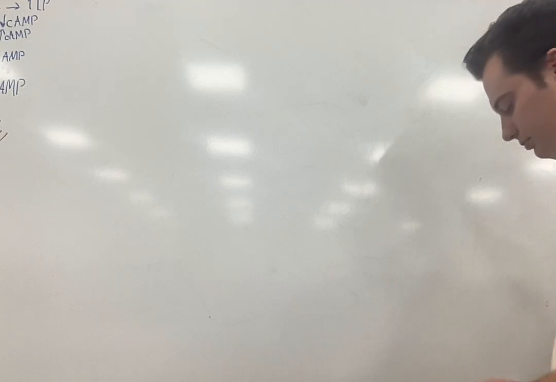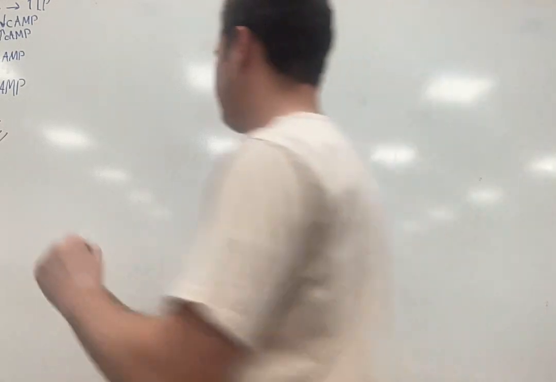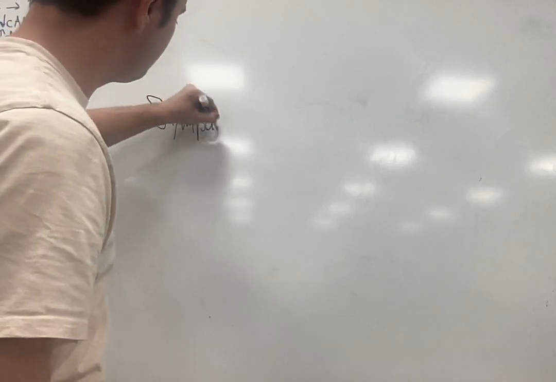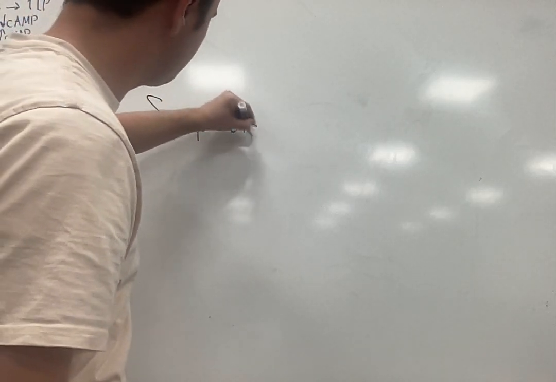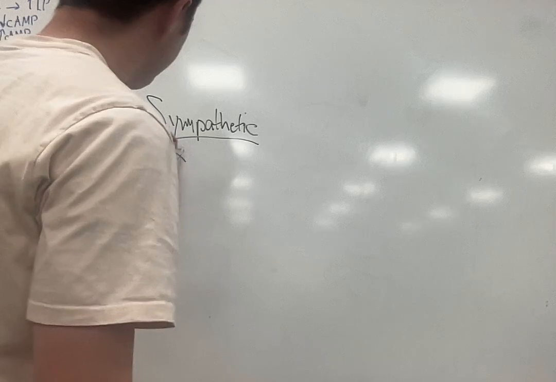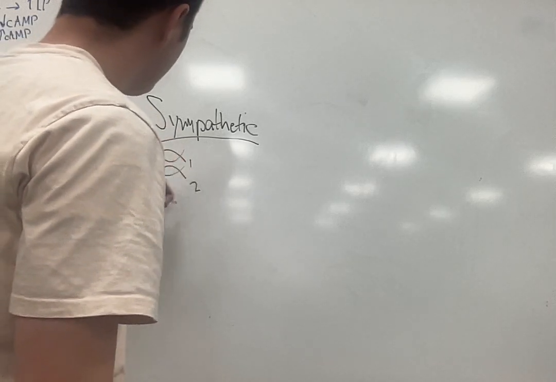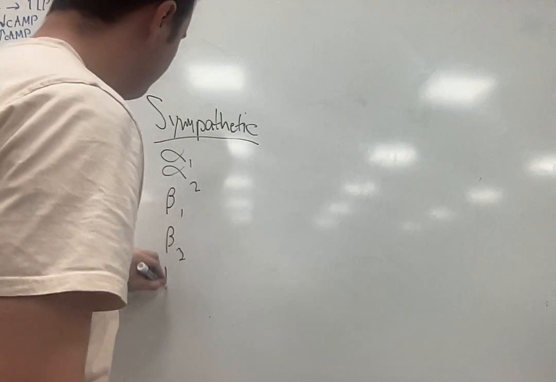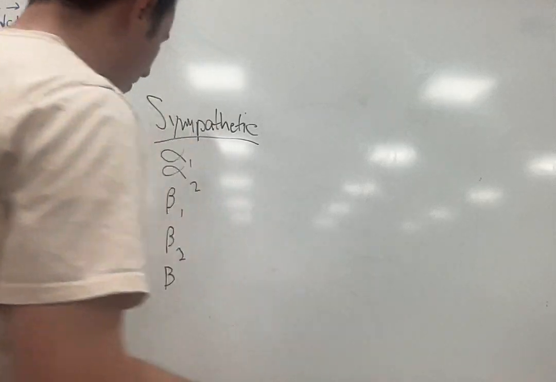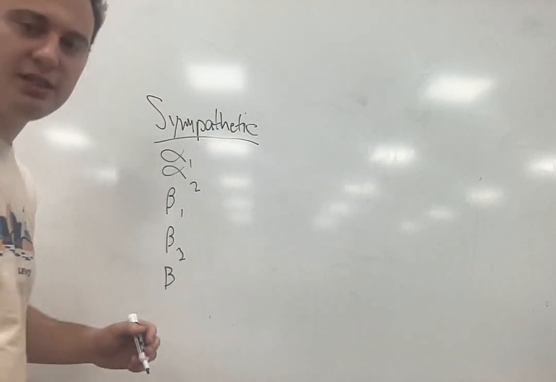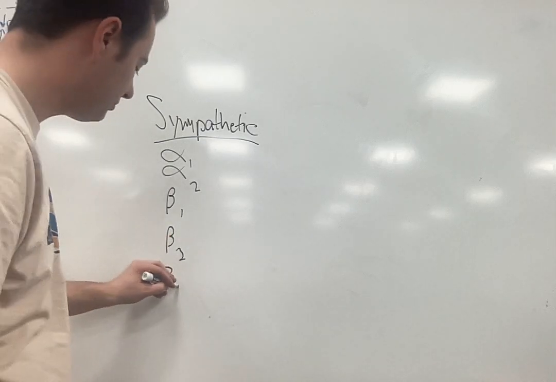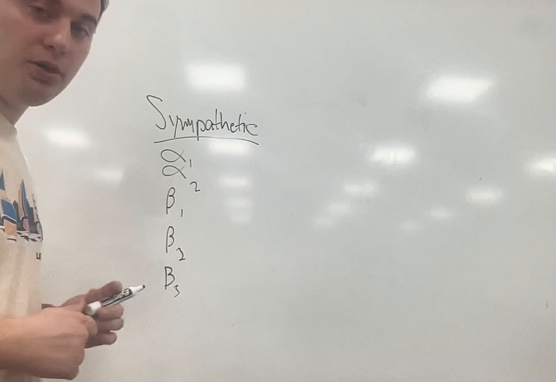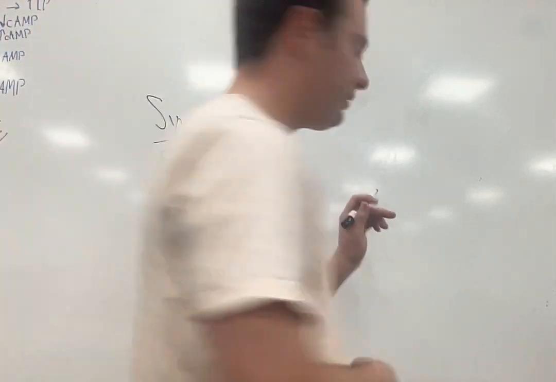Your sympathetic is going to have these alpha receptors, beta 1, and there's others, but for the point of this conversation, this is all we really need to know. There's a few things we should memorize for this that I'll go over in a sec, but I want to write out parasympathetic first.